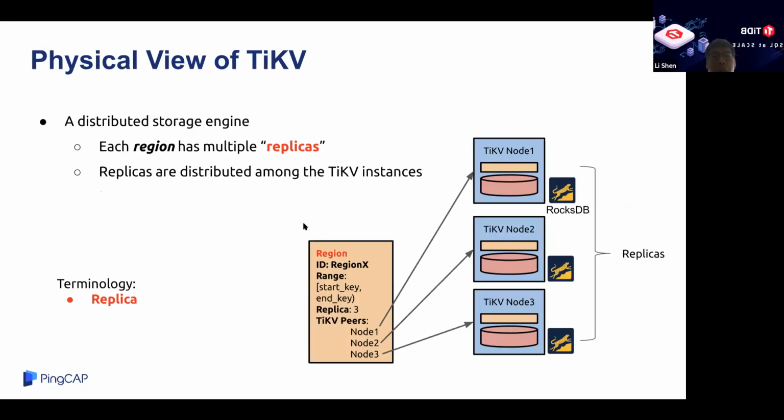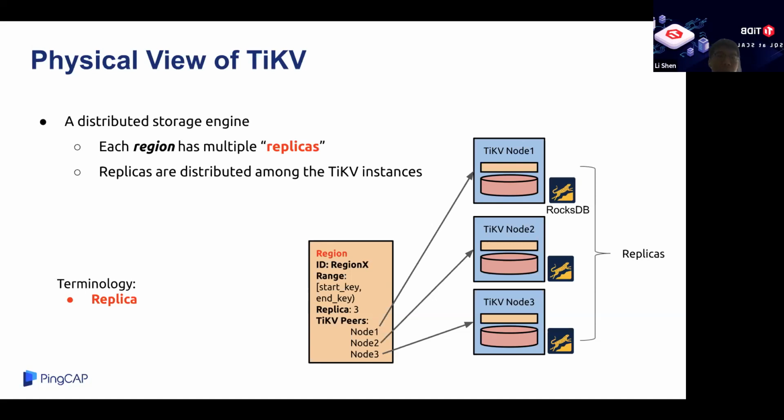Physically, for each region, TiKV will have multiple replicas to store the actual data, and the replicas of each region are distributed among the TiKV cluster, and the data is actually stored in the RocksDB instance embedded in each TiKV instance.